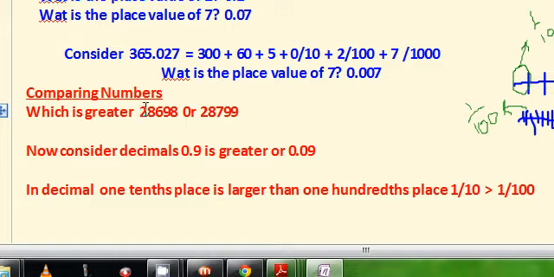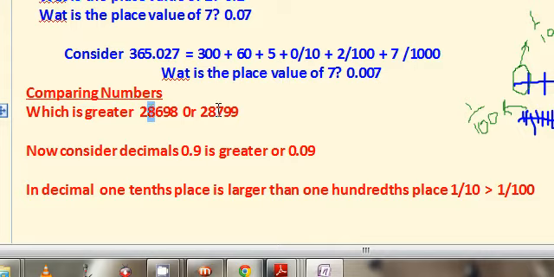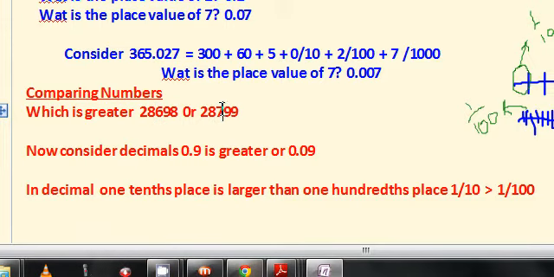Now here the number which has highest place value is 2. Here we see the number is 2, so we cannot compare. Here the next number having highest place value is 8. Here also it is 8, so we cannot compare. Here we see that the next number is 6. Here we see the next number is 7. Obviously 7 is greater than 6, so this number is greater than this number.